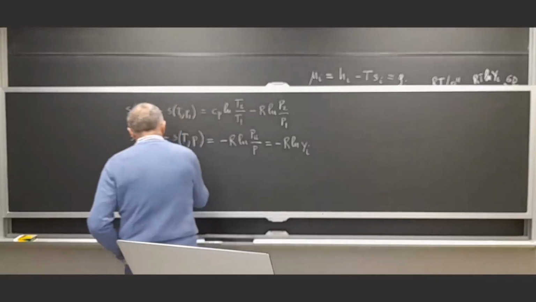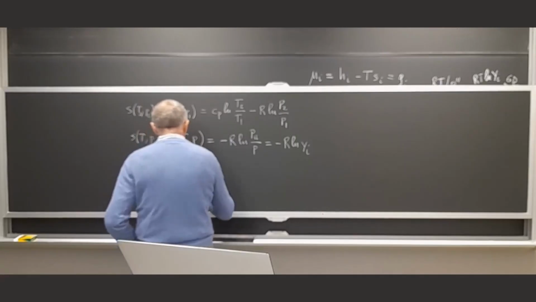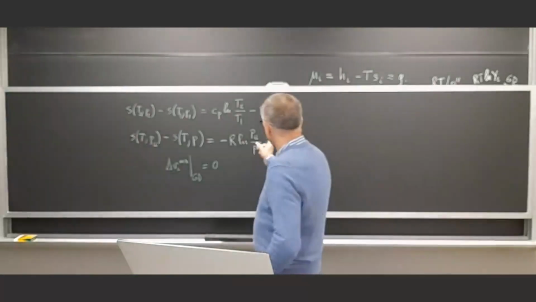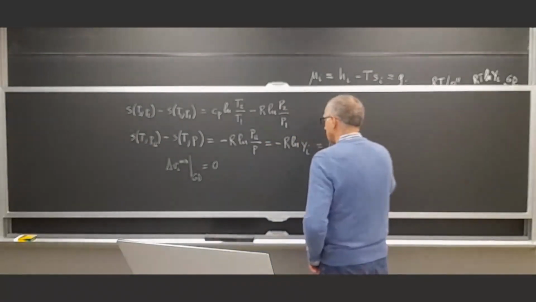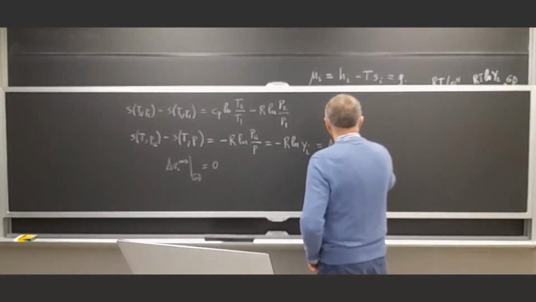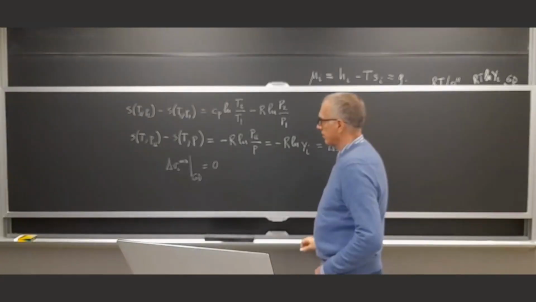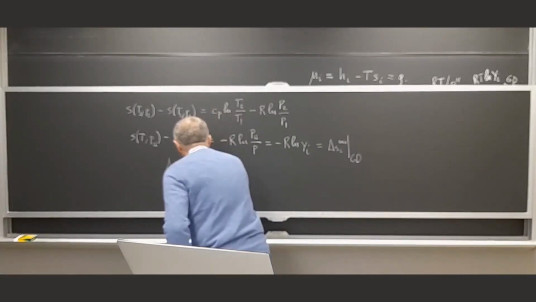Essentially, we are proving that delta V_i mix for a Gibbs-Dalton mixture of ideal gases is equal to 0. Up here, we prove that this is equal to delta S_i mix for a Gibbs-Dalton mixture of ideal gases. I should write it because otherwise.